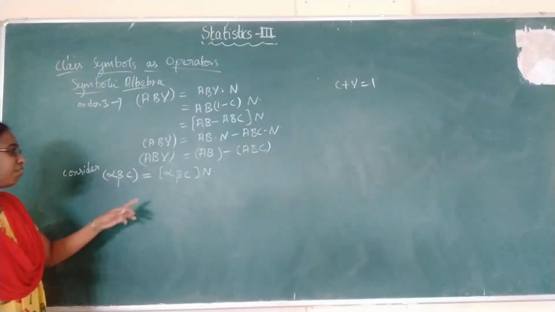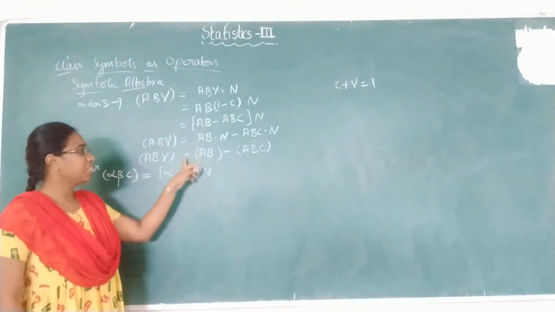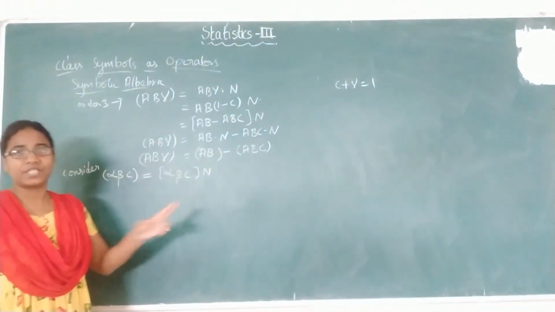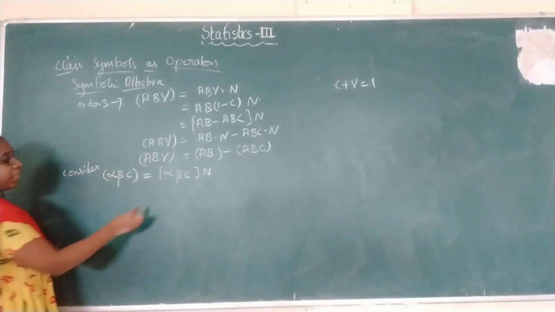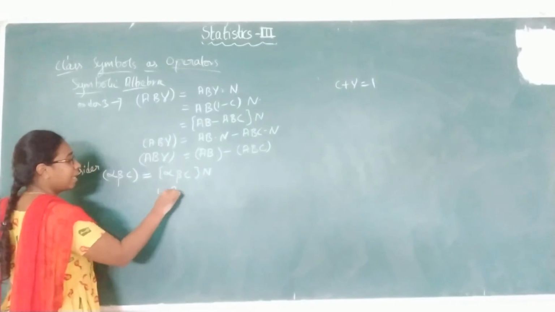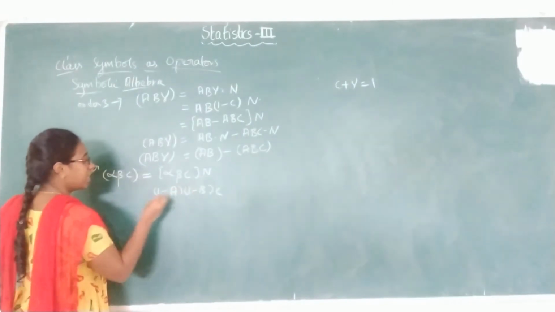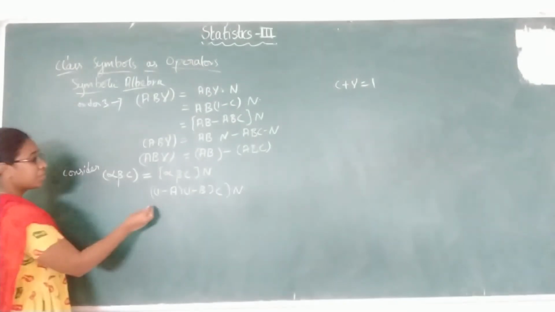So just for differentiating, I am writing into these brackets, because these brackets indicate the class frequencies. So write carefully. So what is alpha? 1 minus A into 1 minus B into C. Multiply these terms.